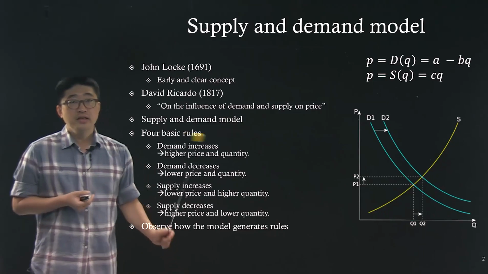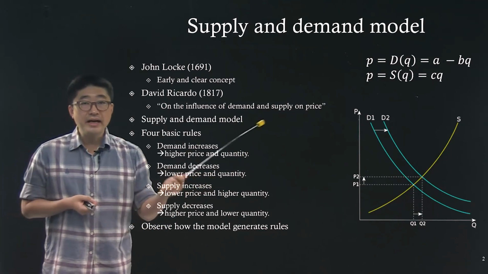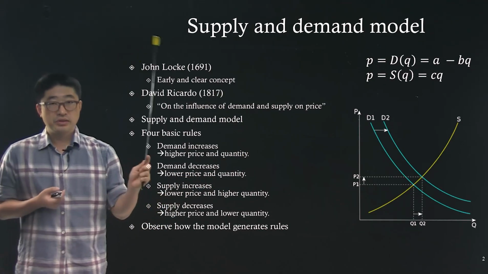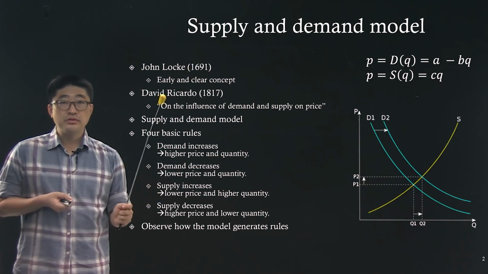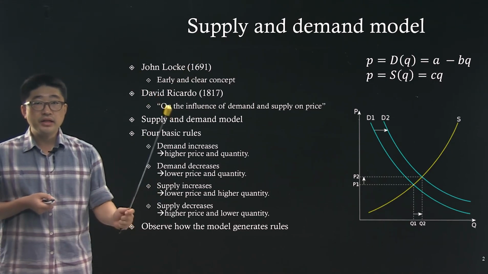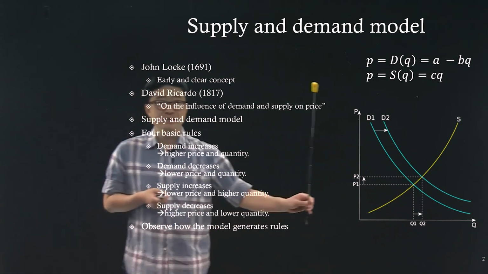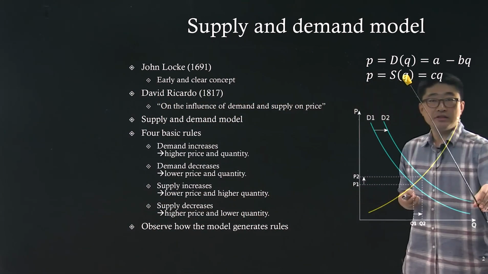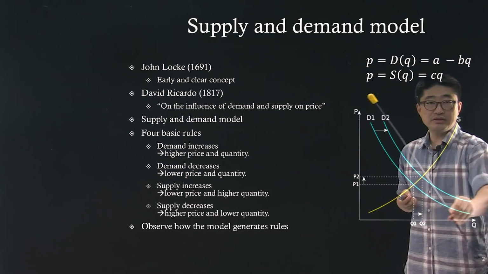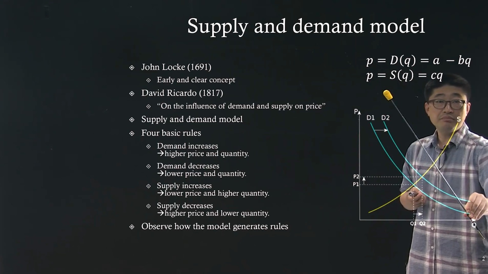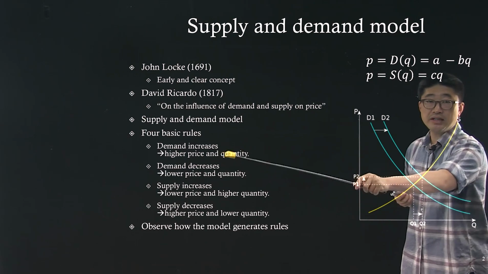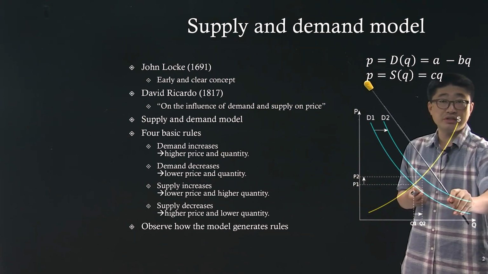Having said that, this typical model has been developed over time, presented by John Locke and also Ricardo, and there are these basic rules. As demand increases in terms of the quantity, it will increase the price and of course the transaction quantity.